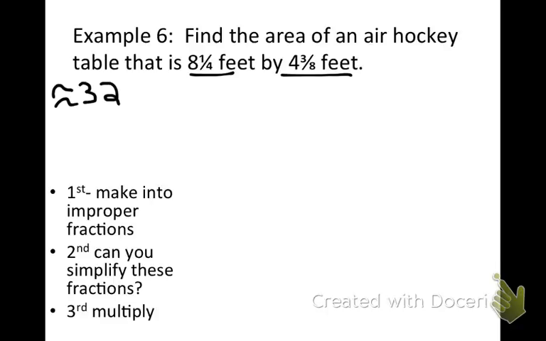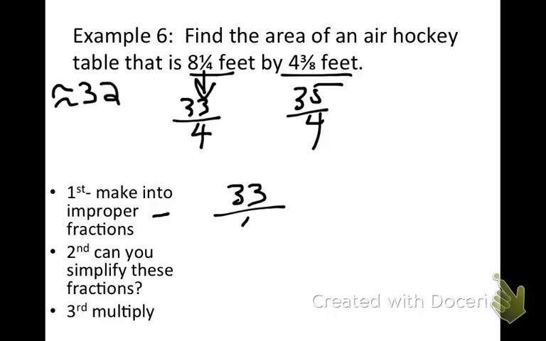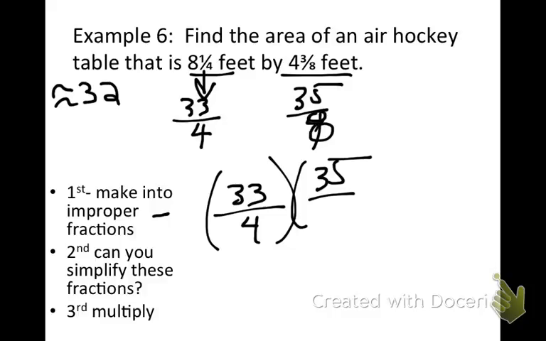First I want to make them into improper fractions. So 8 1/4 is going to become 33/4, right? Because 8 times 4 is 32, plus 1 is 33. 4 3/8 is going to become 4 times 8 is 32, plus 3, so it should become 35/8. So I'm going to multiply these two, 33/4 times 35/8.